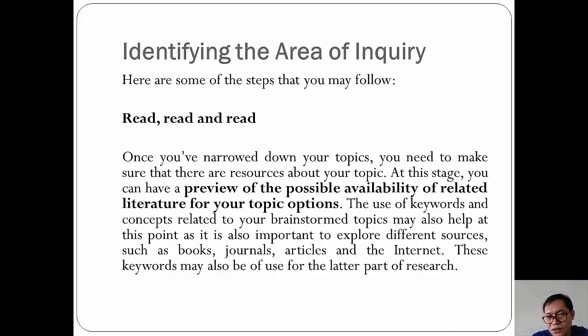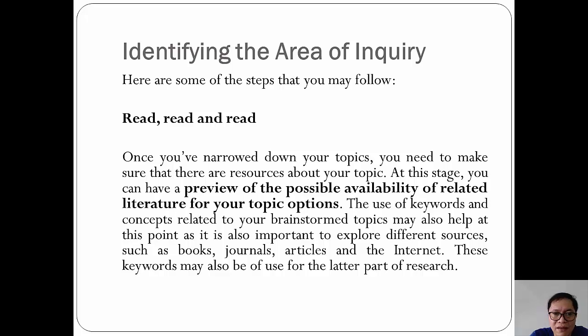Read, and read. So once you've narrowed down your topic, you need to make sure that there are resources. Take note of resources. After narrowing down your topic, make sure that there are resources over the internet. Okay? You have a reference on that particular topic. Maybe references of related resources or related research being done by other people.